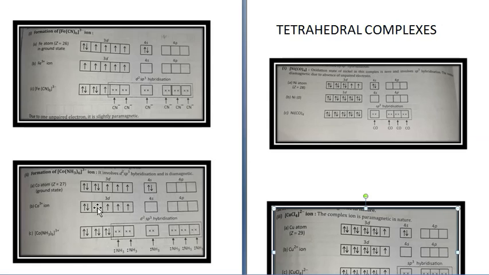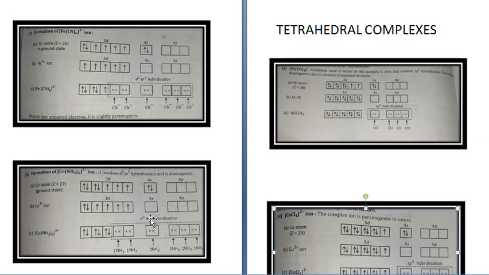So now, out of 5 3d orbitals, 1 is filled with 2 electrons, and 4 are filled with single electrons, and 4s is empty, 4p is also empty.